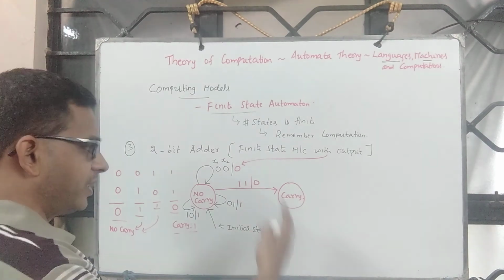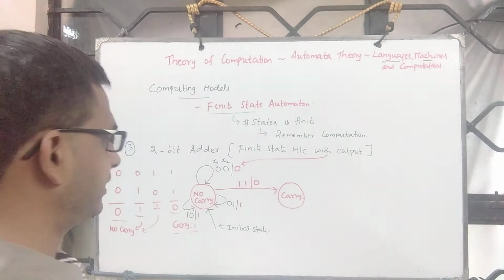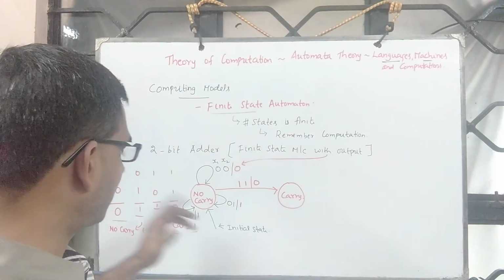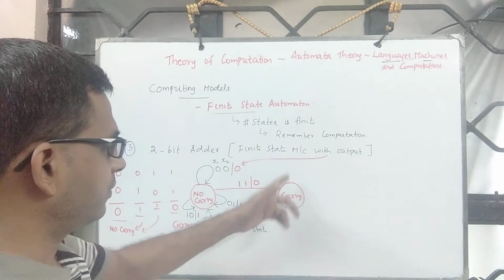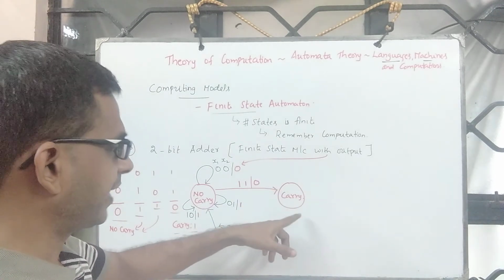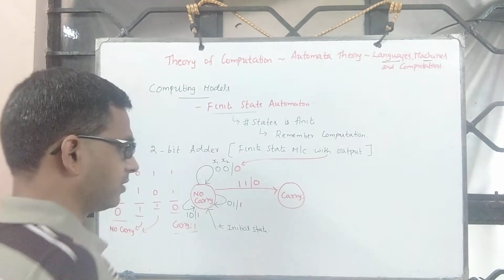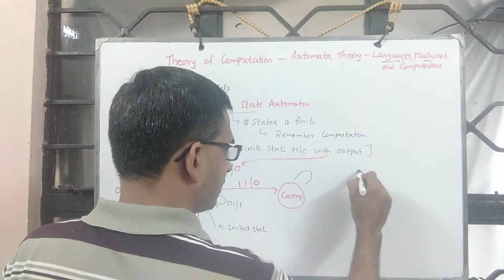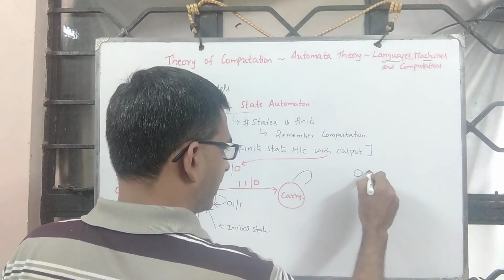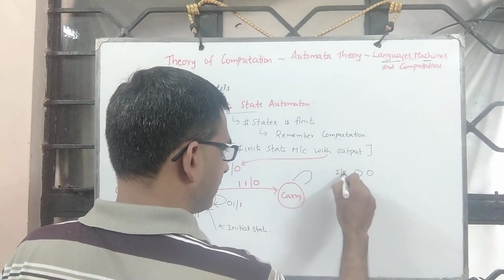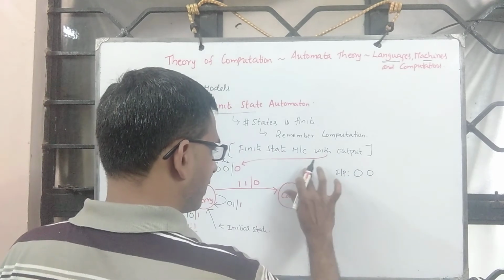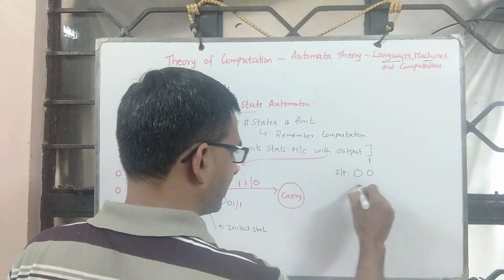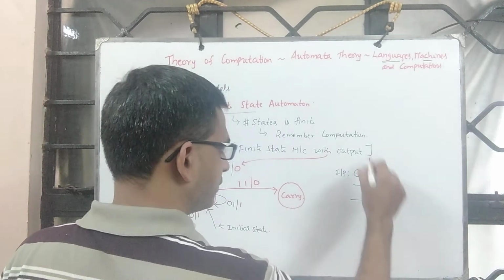Now you can do some more description. Now I am in the carry state. I get two inputs, say 0, 0, and you have a carry. Now what happens? I am in this state and I receive this input, and you know that you already have a carry, so addition is something like this: it is actually 0, 0, 1.